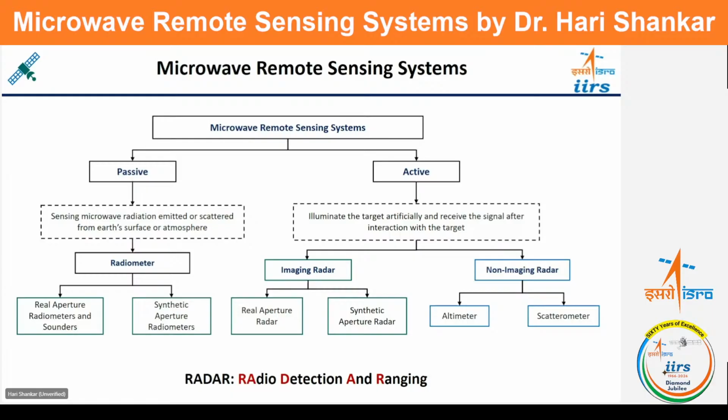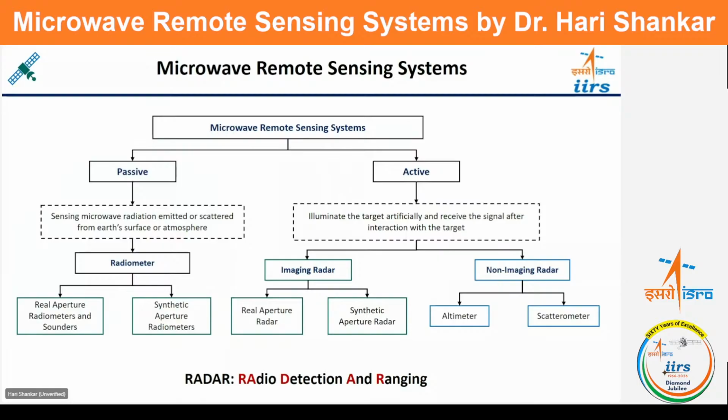So can we use any other type of data set which has a small pixel size, so that at the field scale we can investigate the soil moisture? The answer is yes, because then we can go to other devices, let us say active devices.